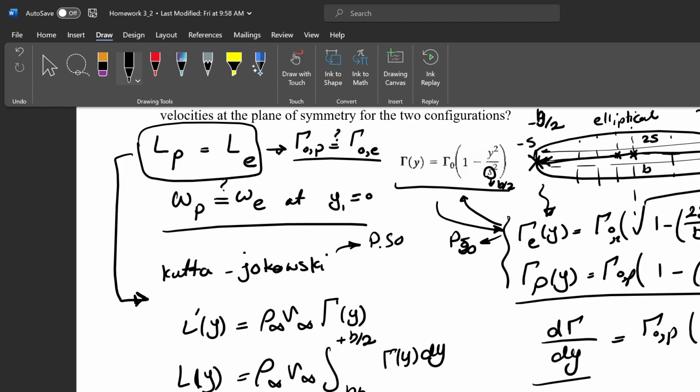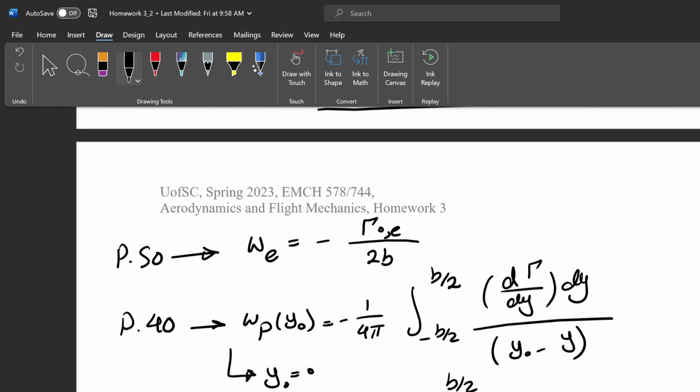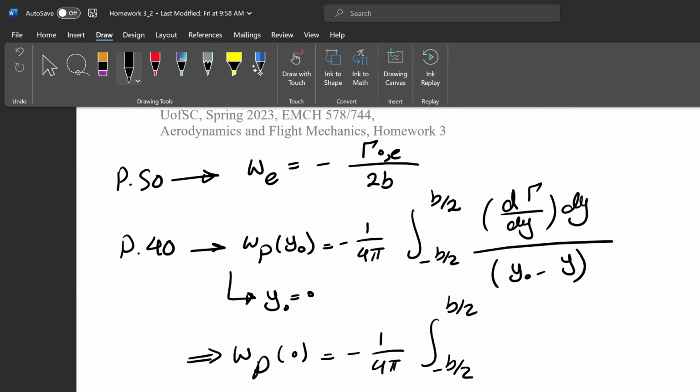So you just have to substitute in for the derivative in the equation, in our integral. We have negative 4 gamma naught p divided by b squared.